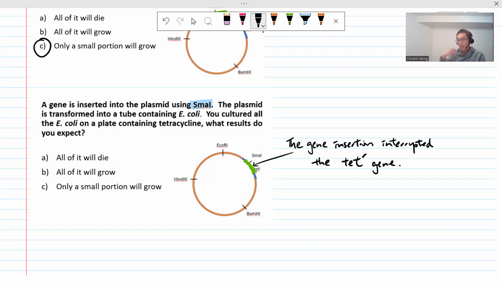So even if the bacteria accepted the plasmid, it's not going to protect them from the tetracycline, because we've destroyed the tetracycline resistance gene by inserting another gene in the middle of it. So that's going to be a problem. All of it will die. Even those that have accepted the plasmid will die. All right?